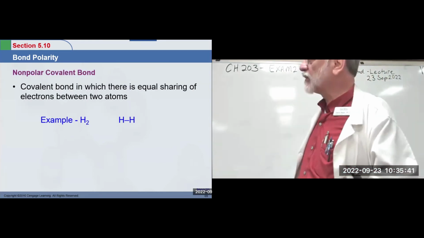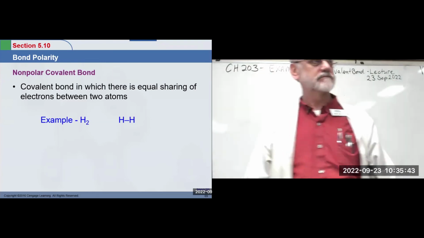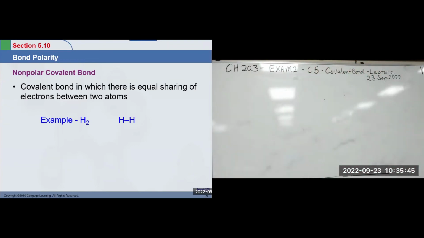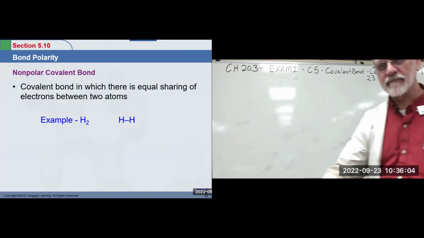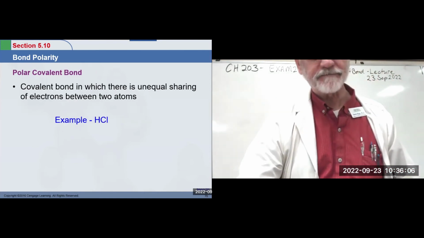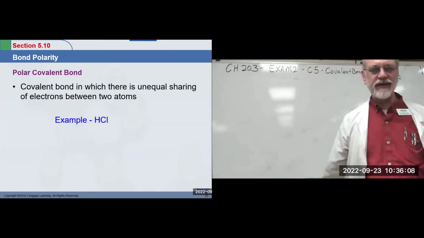Now, is this bond going to be polar? No, I don't think so. Because you got two equally matched atoms in that bond. Both of them are hydrogen. They have equal electronegativities. There's absolutely no polarity in that bond. Polar covalent.